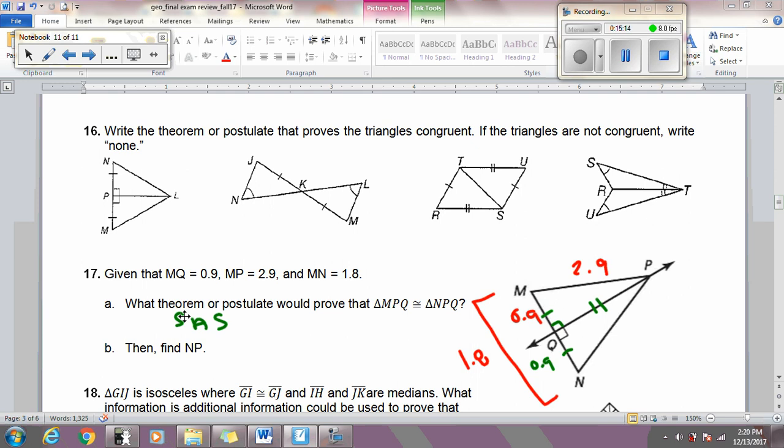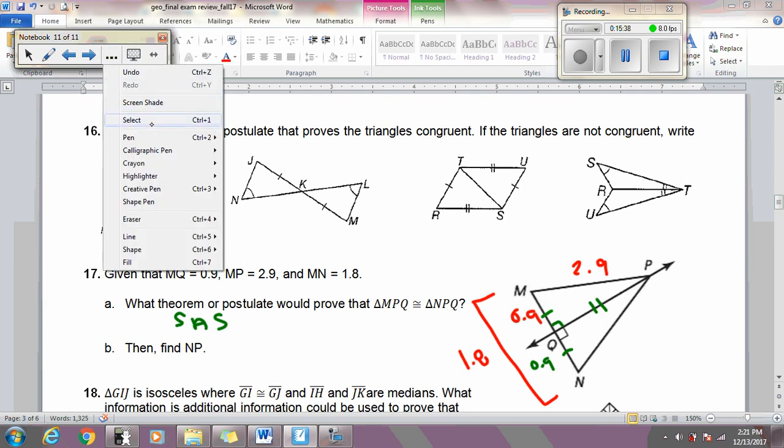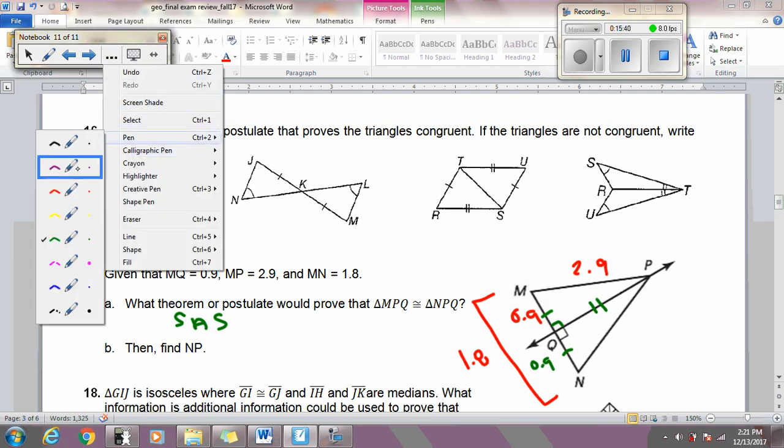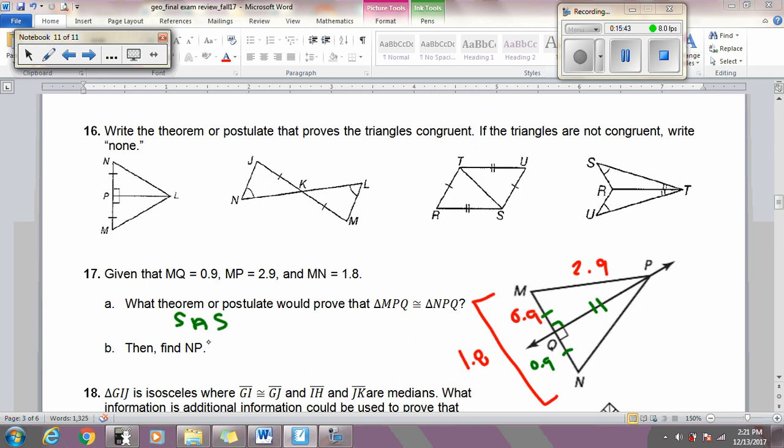But if you look a little deeper and think a little deeper, because I have a right angle and because I'm showing that MQ is the same distance as NQ, that implies that PQ is a perpendicular bisector. With that being said, it wants us to find NP.